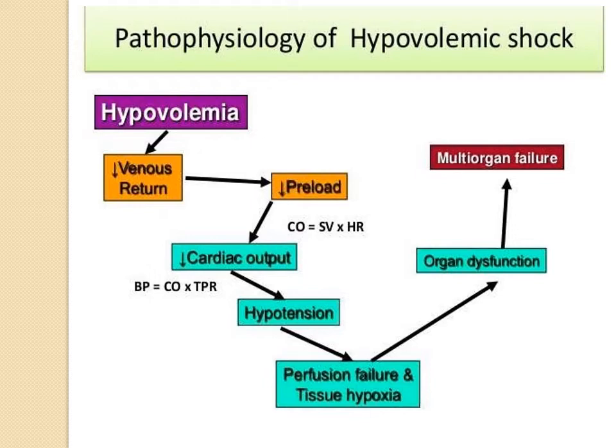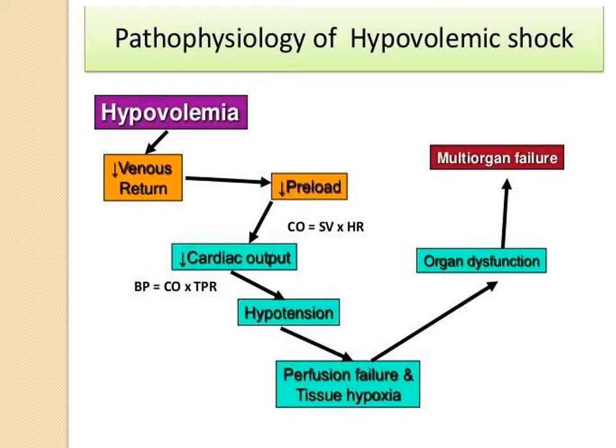This condition is responsible for the decrease in cardiac output. And what is cardiac output? That is SV into HR: stroke volume into heart rate is called the cardiac output. The decreased cardiac output is responsible for the condition of hypotension.